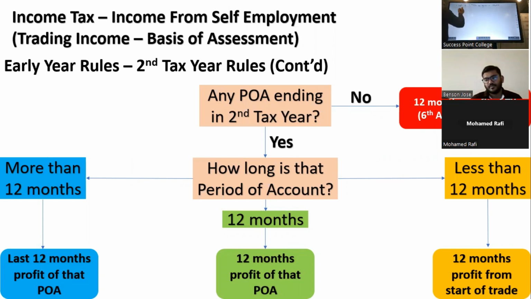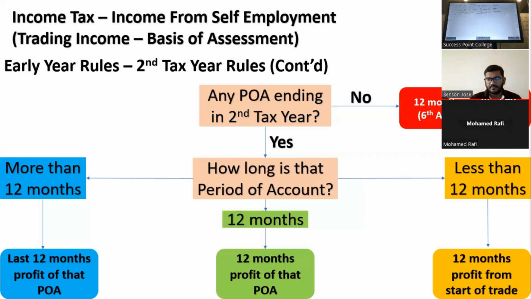Then from next year onward, 1st October 20 to 30th September 21, the profits are 84,000. And then 1st October 21 to 30th September 22, my profit is 96,000. Let's suppose this is the situation.